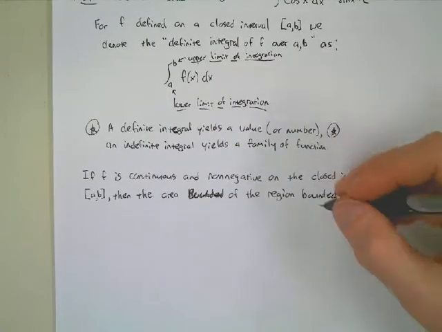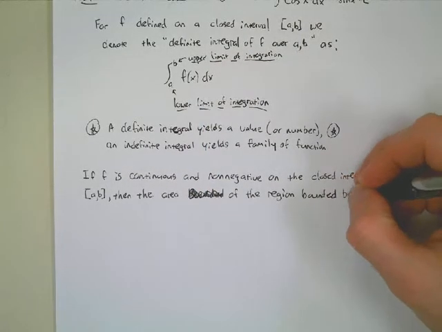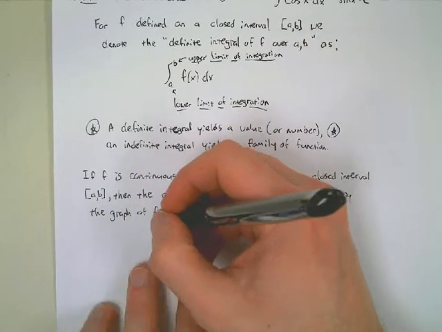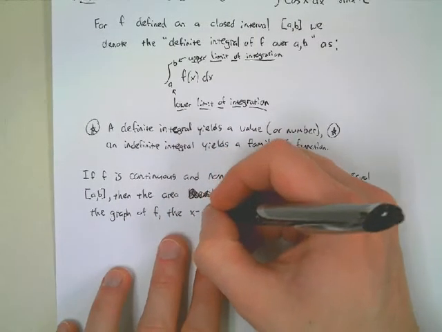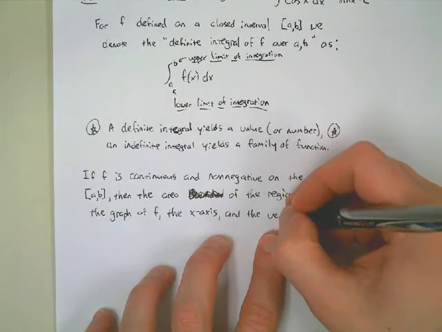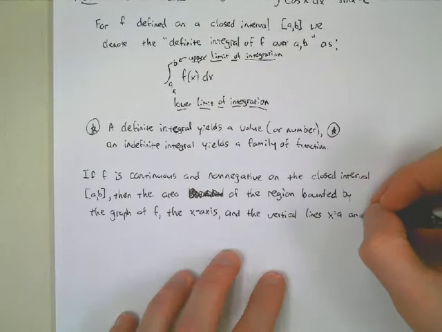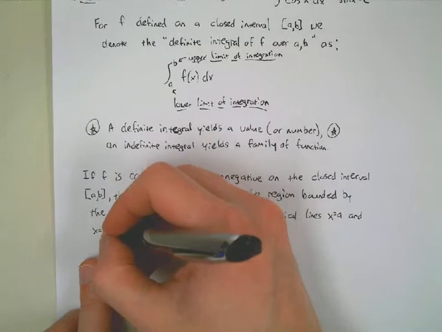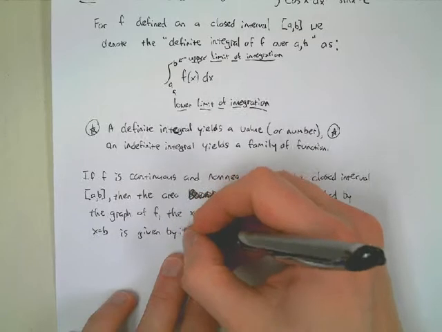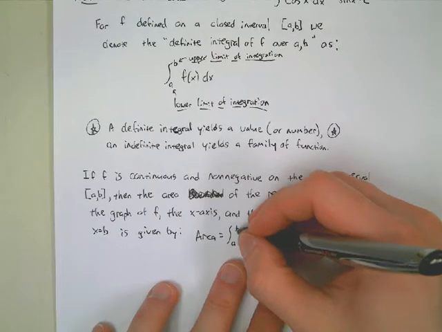Okay, so then the area of the region bounded by the graph of f, the x-axis, and the vertical lines x equals a and x equals b is given by: area equals the integral from a to b of f of x dx.